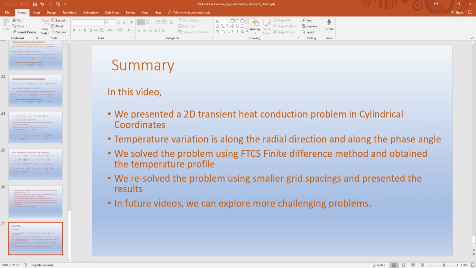We solved the problem using the FTCS finite difference method and we obtained the temperature profile. We resolved the problem using smaller grid spacings and presented the results. In future videos, we can explore more challenging problems.